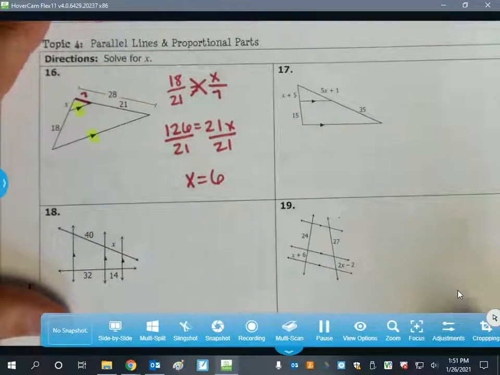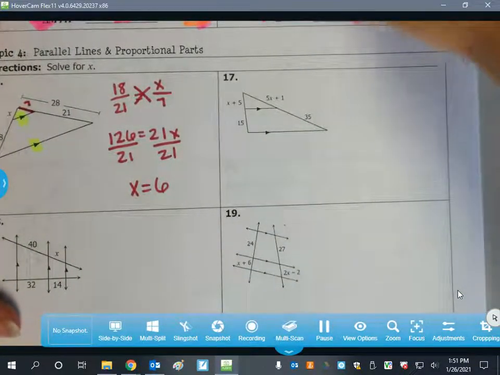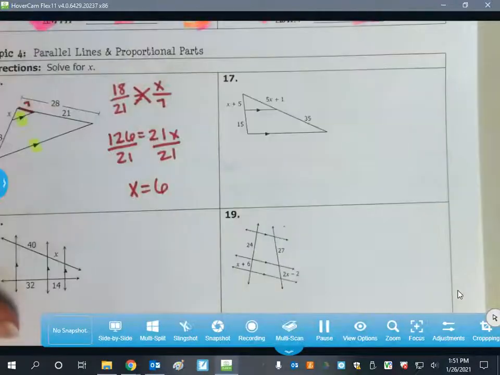All right, let's do it again for number 17. Number 17, they gave us all of the pieces that we need. We just have to set up the ratio and solve. So go ahead. Set up your ratio for this problem and solve for x.